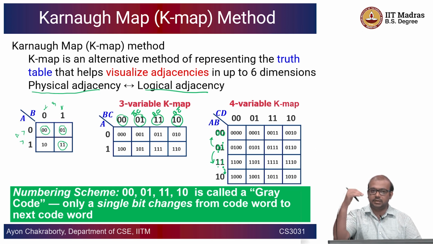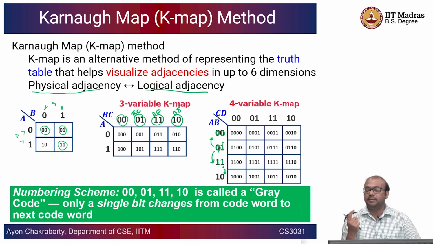In a sequence of these numbers, between two successive numbers you should have a difference of only one bit, the rest of the bits should be exactly the same. They have many different applications, like error correction and designing codes, but we will not go into those details. Currently we will just focus on the naming convention.